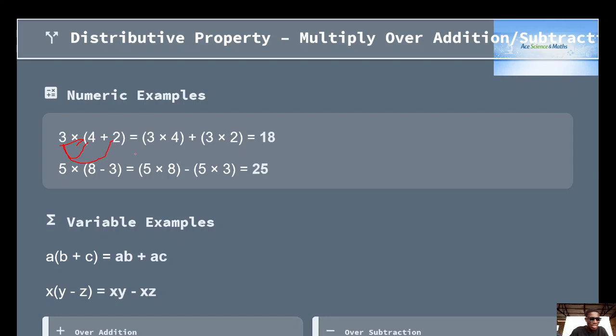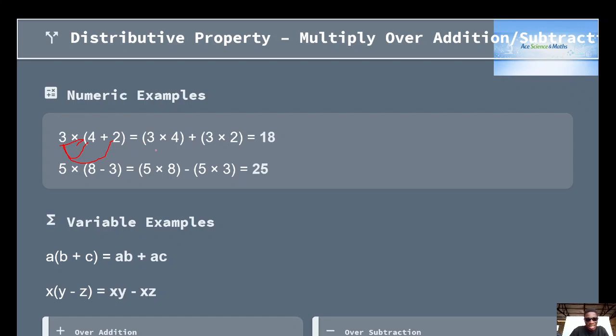So when we say we are distributing a number, we are basically talking about how multiplication interacts with what? Addition and subtraction. So in the interaction, we realize that 3 is multiplying the addition in the bracket. The two numbers that are adding, the 3 outside is multiplying them. So you use 3 to multiply the 4, then use 3 to multiply the 2.